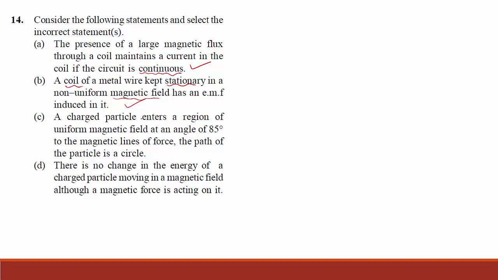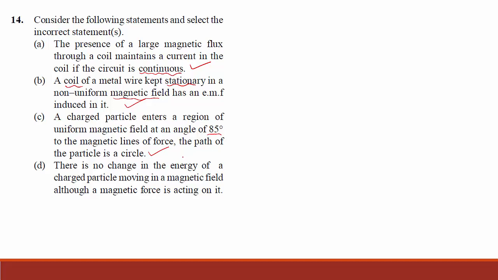A charged particle enters a region of uniform magnetic field at an angle of 85 degrees to the magnetic lines of force. The path of the particle is a circle. See here, when the charged particle enters the uniform magnetic field, the path of the particle is a circle. So this is also a right statement.